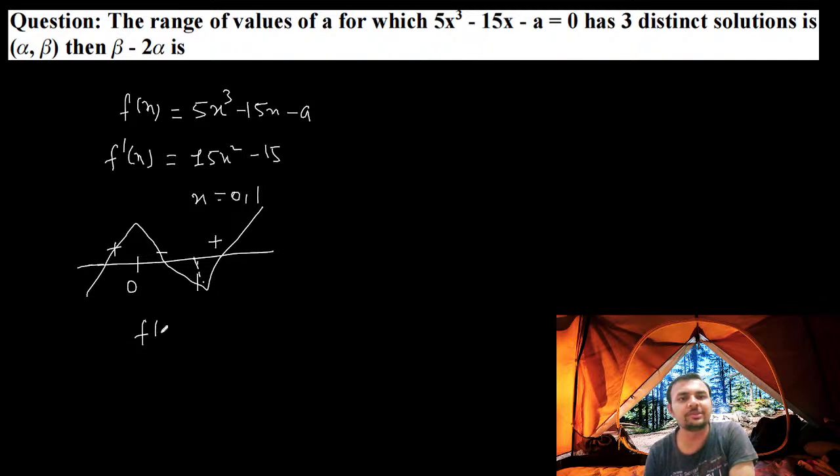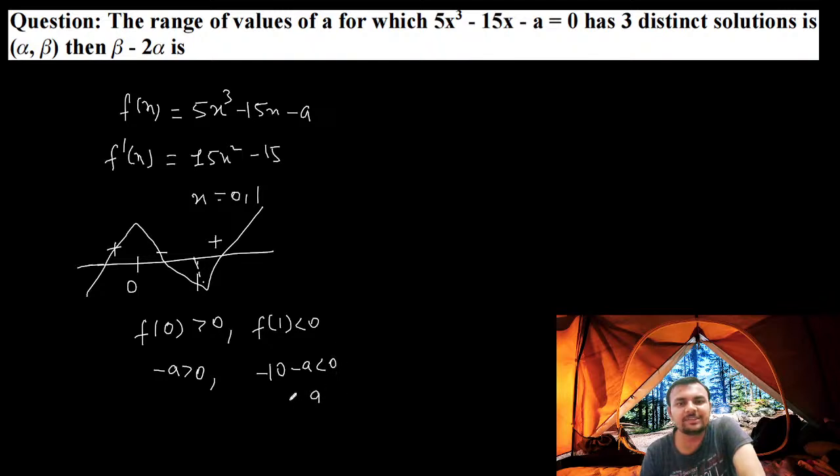So f0 is positive, f1 is negative. Okay, so f0 is what? Minus a bigger than 0. F1 is what? Minus 10 minus a less than 0.